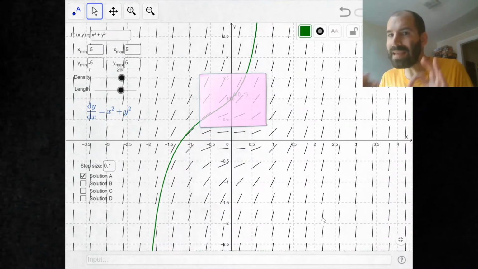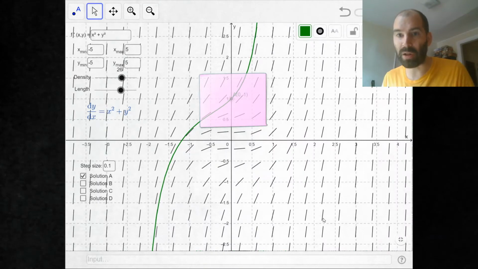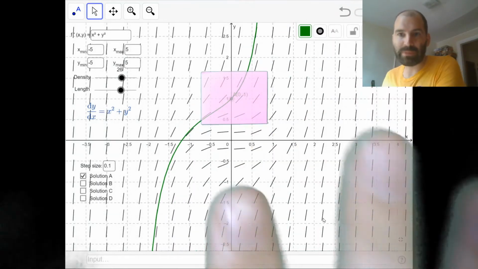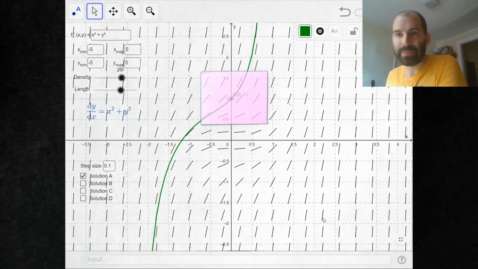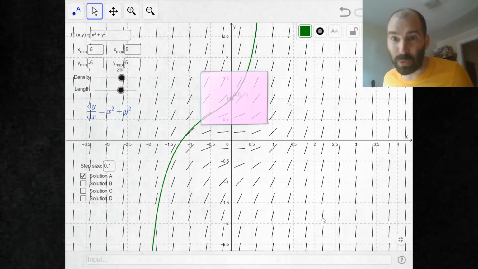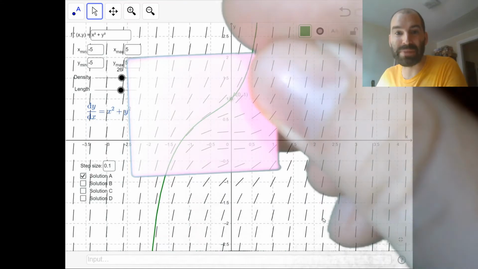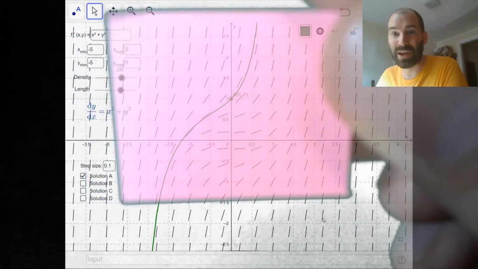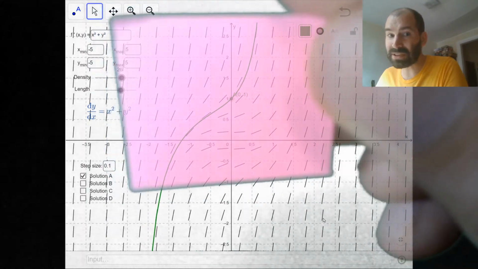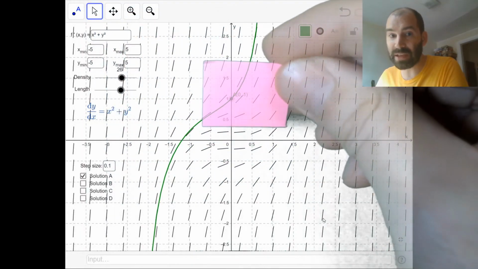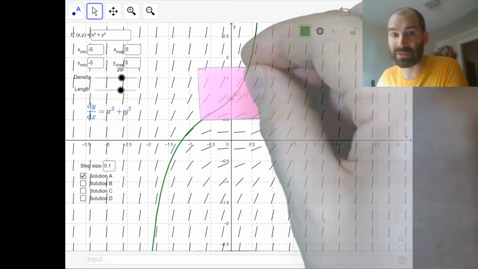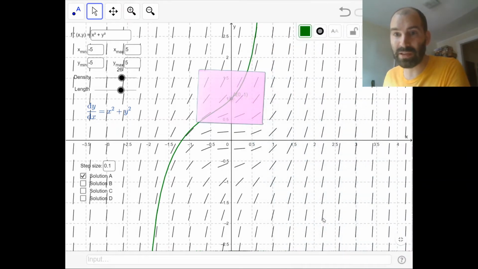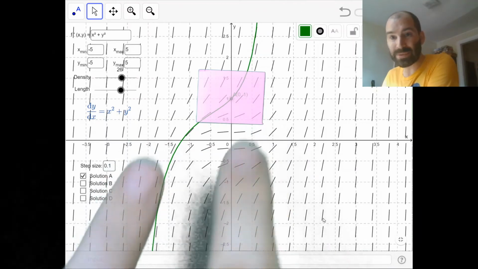Now, you may need to make the rectangle somewhat small. For this particular example, the function's continuous everywhere, so you can make this rectangle as big as you want. But if the function had some discontinuities, you might need to make this rectangle small enough so as to avoid those discontinuities, because we need the function to be continuous in this rectangle.